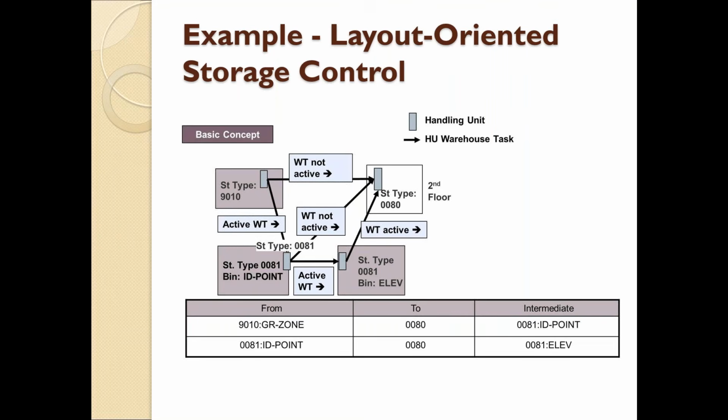That kind of process is what we call layout oriented storage control: we can't directly perform the put away, so it goes from the source to the destination and again from the destination to the final put away. In semi-automated or fully automated warehouses, this concept comes into the picture, guys. That is the layout oriented storage control.